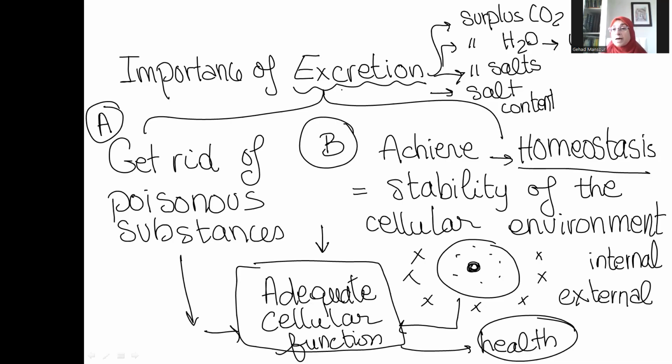And among the things that we want to stabilize in the human body that are not directly related to excretion, but indirectly related to excretion, is the temperature of the human body, because you know that human beings are homeothermic animals.